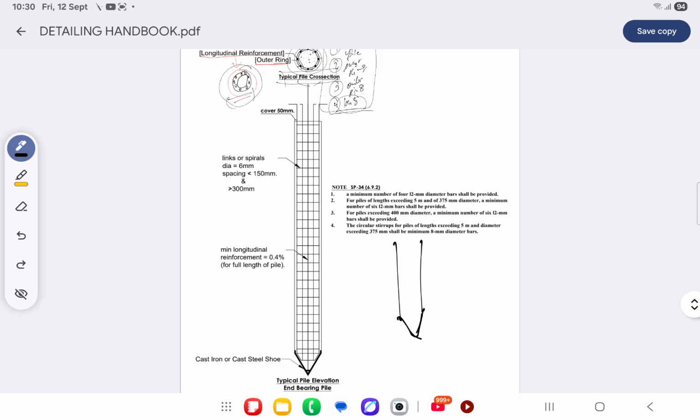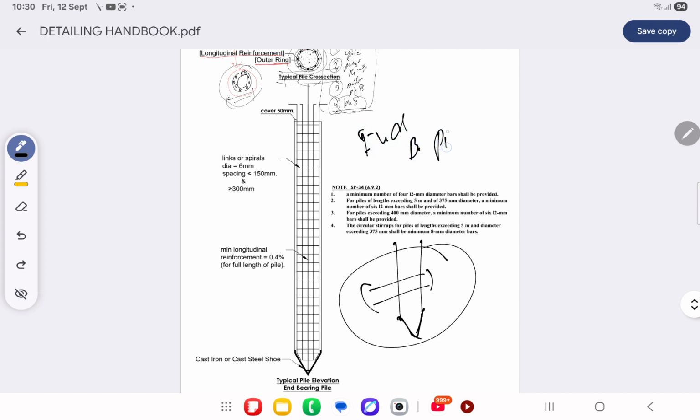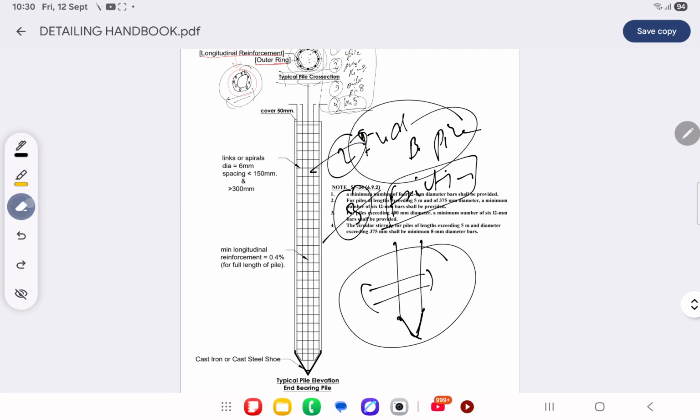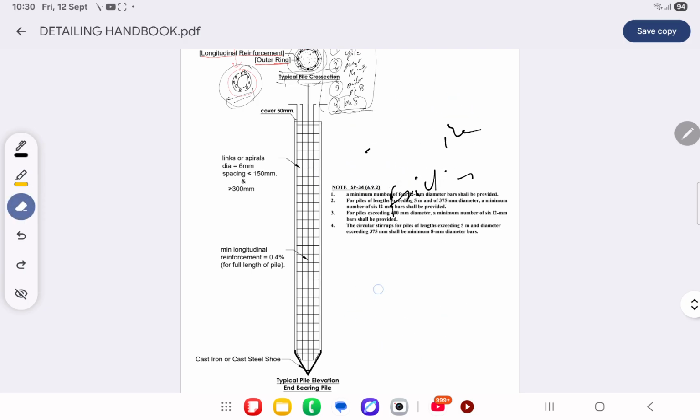So they will know which type of soil is there on site, and according to that they will decide whether you go for the end bearing pile or the friction pile. Here we can see the shape of the cast iron or cast steel shoe.